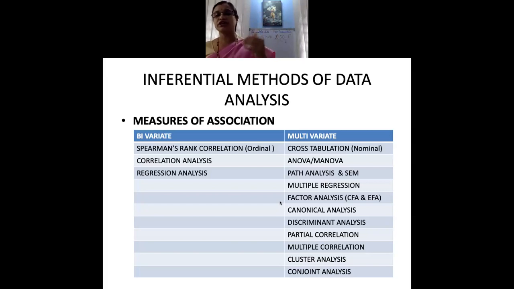For that, correlation and regression analysis will be apt. So under bivariate, usually correlation and regression analysis are used for two variables, to find out the association or relationship.